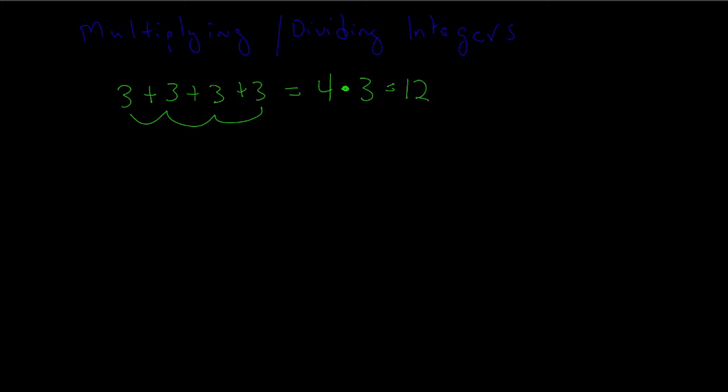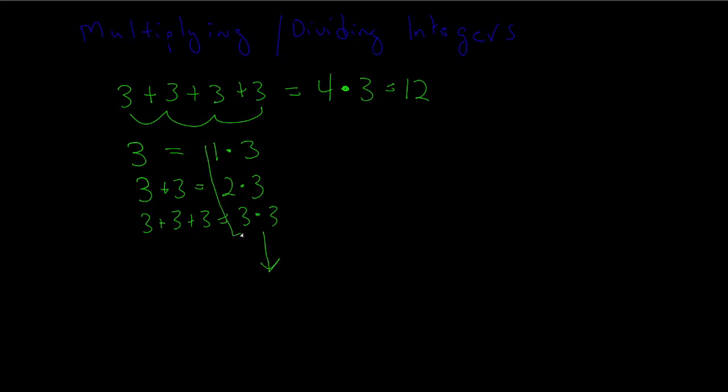So I could say if I start with 3, that's 1 times 3. And if I move up to 3 plus 3, that's 2 times 3. And 3 plus 3 plus 3 is 3 times 3. And so on. Well, I have a pattern going here.